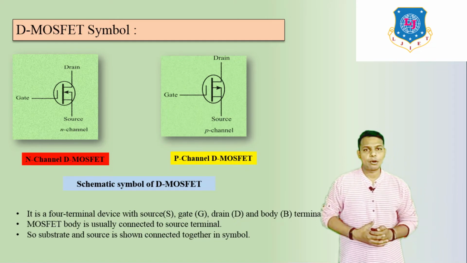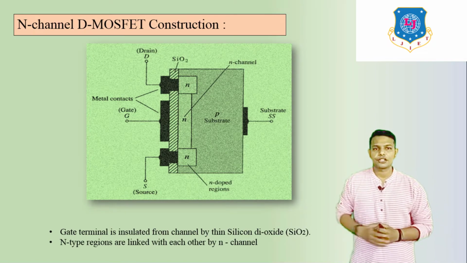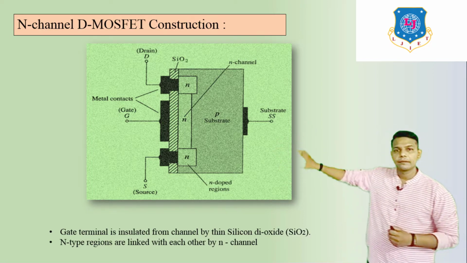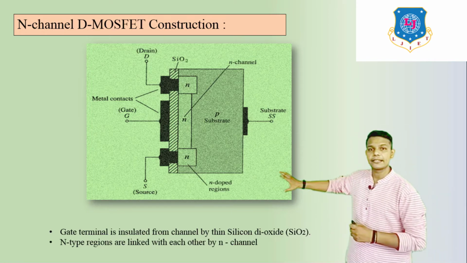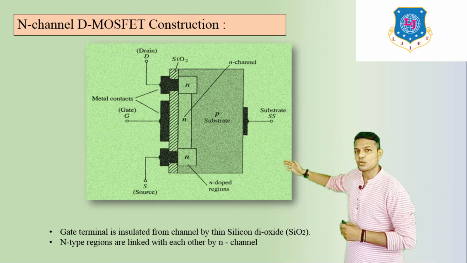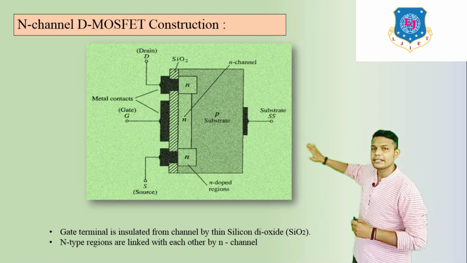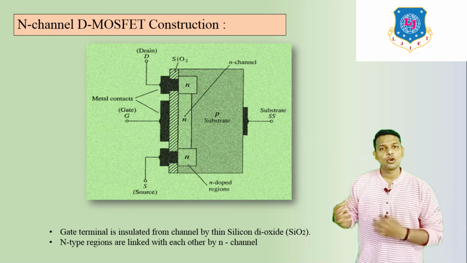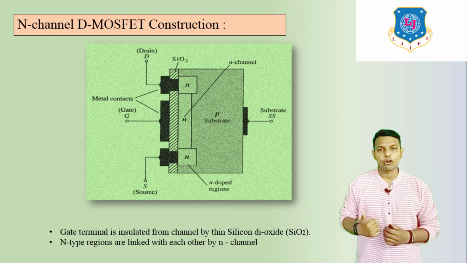Now let us discuss its construction. Here we can see the N-channel D-MOSFET construction. It is totally different compared to the JFET. Here we can see there are different terminals: first drain, then gate, below we can see source, and here the substrate terminal. It is known as MOSFET. So why is it called MOSFET? M is for metal.